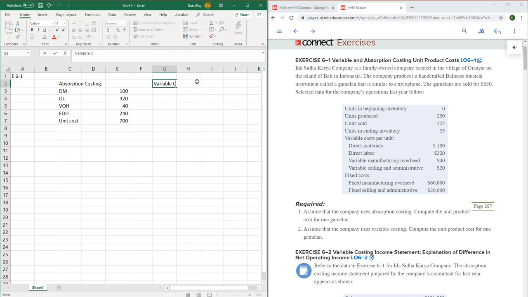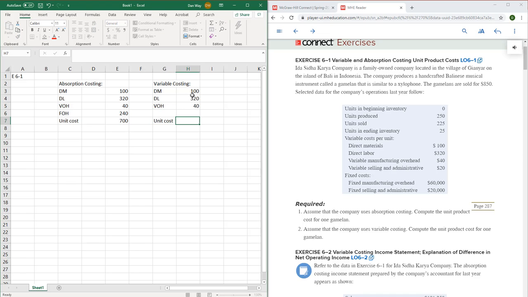Under variable costing, again, there's really only one difference. It's how we treat that fixed overhead. Under absorption costing, we included it as part of that product cost. Under variable costing, we do not. So the variable costing unit cost includes the direct materials of 100, the direct labor of 320, the variable overhead of 40, and that's it.